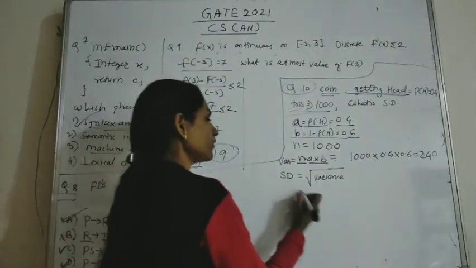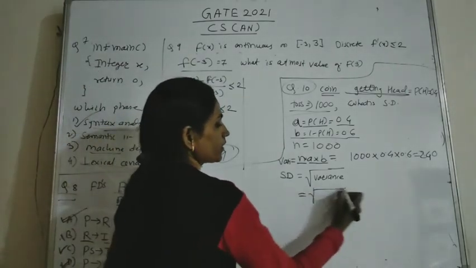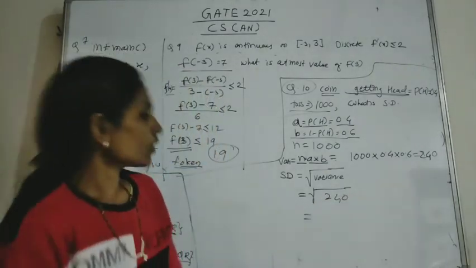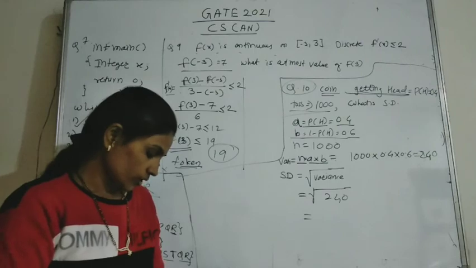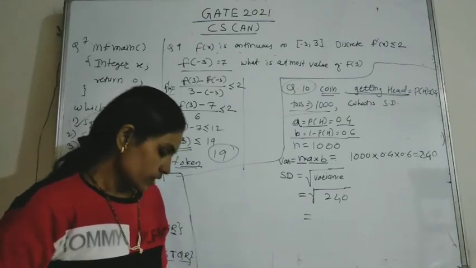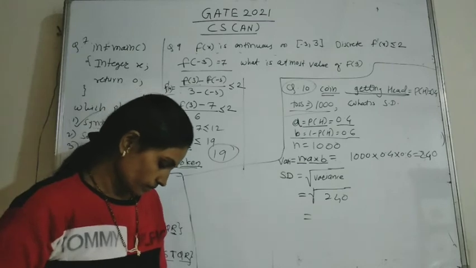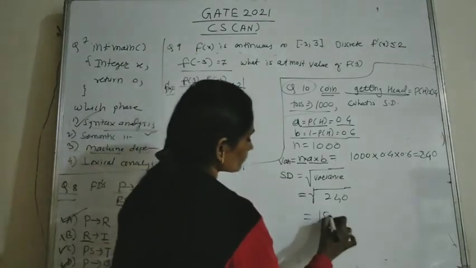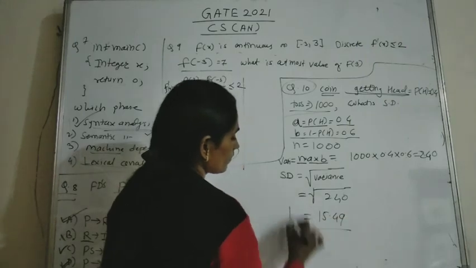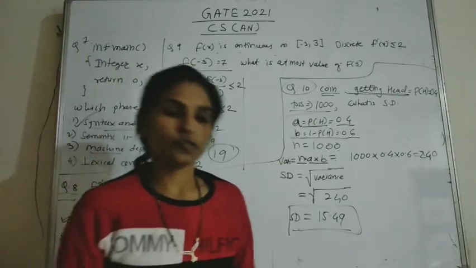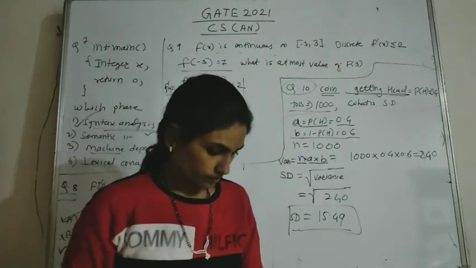So the standard deviation is the square root of variance, square root of 240, and what is the square root of 240? That is the final answer for this standard deviation, 15.49. So this is the answer for this question number 10.